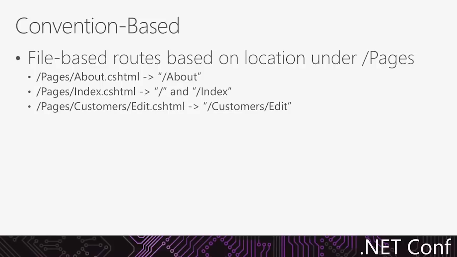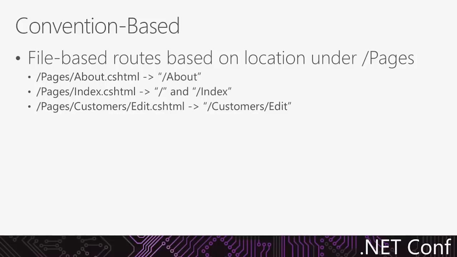If you want to organize pages into folders, you can do so, and by default, their routes will follow suit. Razor Pages will route the slash or root level folder route to an index page in that folder, just like the default MVC route does. So as you can see in the slide shown here, if you have a route that goes to /about, by default, that's going to go to a Razor page located in the root of the pages folder called about.cshtml.